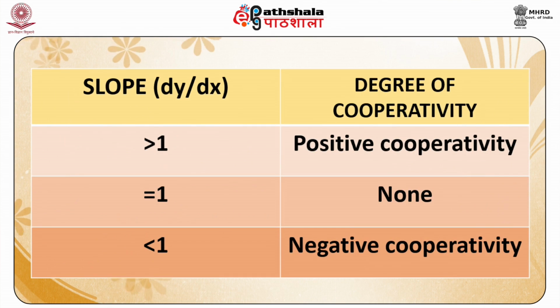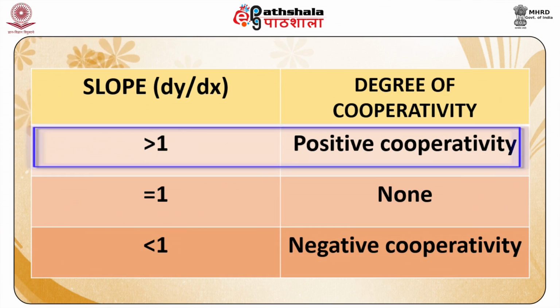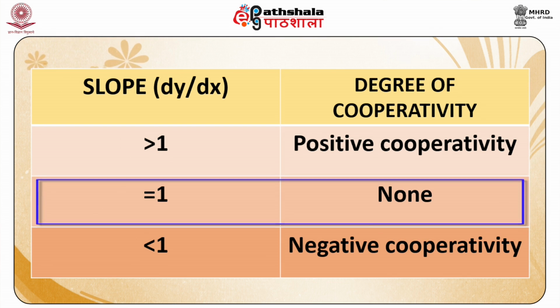If the slope is greater than 1, it indicates positive cooperativity. That is, once one ligand molecule is bound to the protein, its affinity for other ligand molecules increases. If the slope is equal to 1, it indicates no cooperativity.